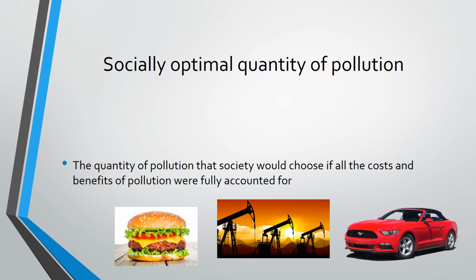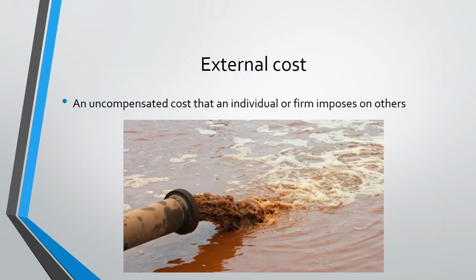So, I kind of just described this. We have something known as an external cost, and pollution is a great example of something with an external cost. It's an uncompensated cost that an individual or firm imposes on others. So they produce their cars or whatever it is that they're making, and then it lets pollution out into the air.